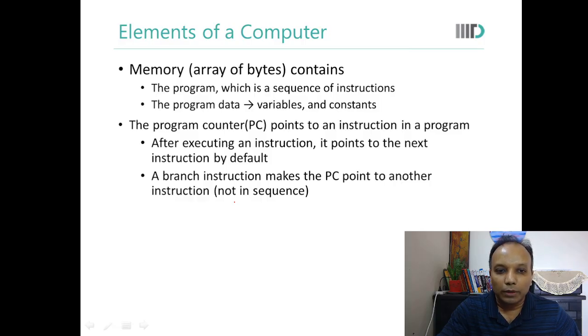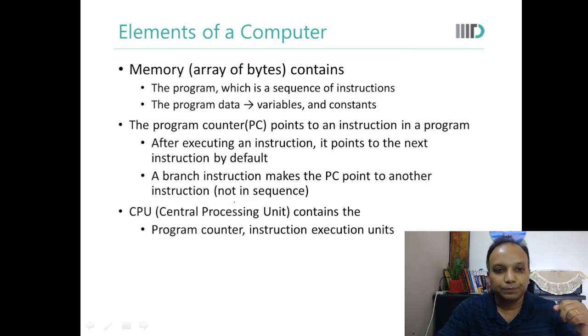Every time an instruction is executed, it points to the next instruction by default, and whenever there is a branch instruction, you have to appropriately update the program counter so that it points to the instruction that needs to be fetched by following the branch. Then there is your CPU, which contains the program counter and the execution unit like the ALU in it.